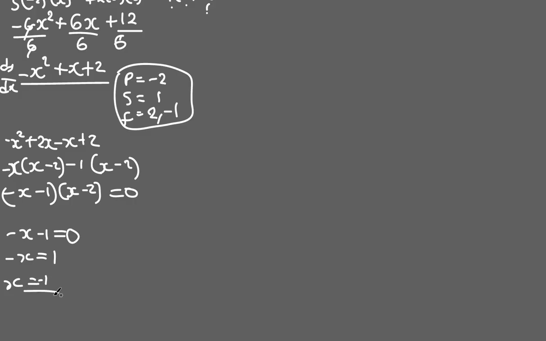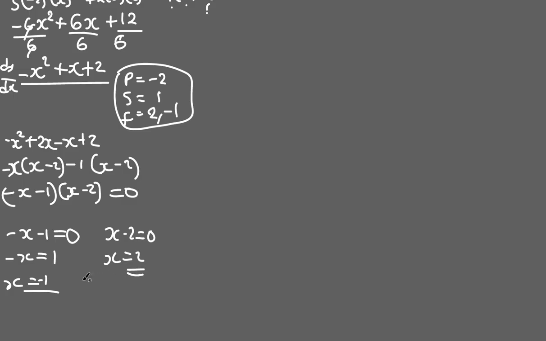That is our first answer. And then the other one is x minus 2 equal to 0. So this will be x is equal to 2. Now we have found x equal to -1 and x equal to 2.